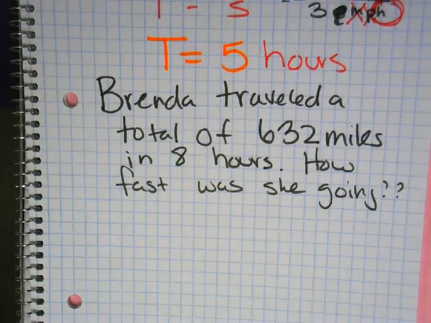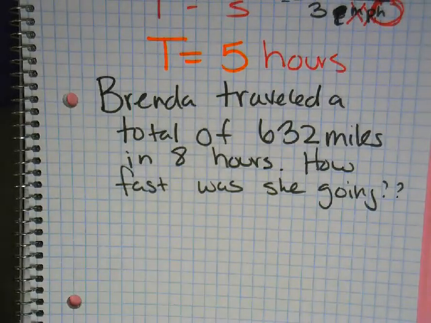This is our last problem of the day for writing. Edward, you wrote this down? Brenda traveled a total of 632 miles in 8 hours. How fast was she going?